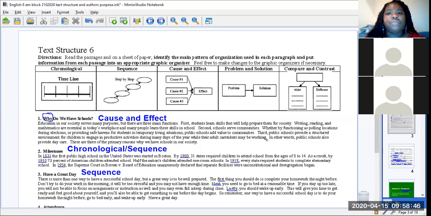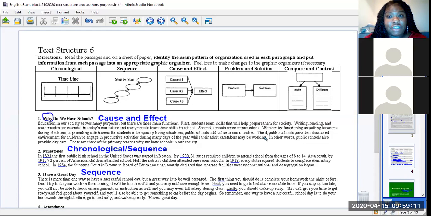Okay. And once again, the beautiful thing about this platform is that once I upload this video to the YouTube channel, you can look at this as many times as you need for your note-taking and your study skills, just to make sure that you understand why the answers are the way that they are. So once again, this is an excellent platform.